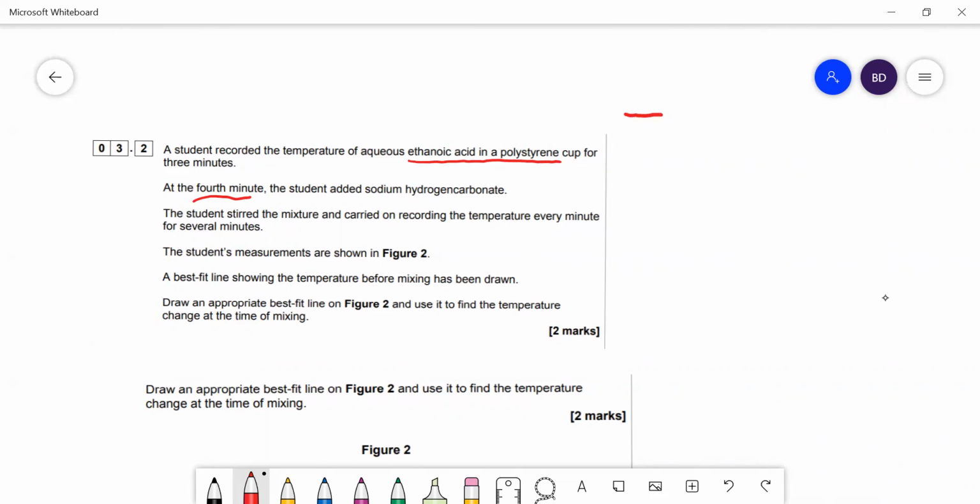The student stirred the mixture and carried on recording the temperature every minute. The student's measurements are shown in figure 2. A best fit line showing the temperature before mixing has been drawn. Draw an appropriate best fit line to show how to find the temperature change at the time of mixing.